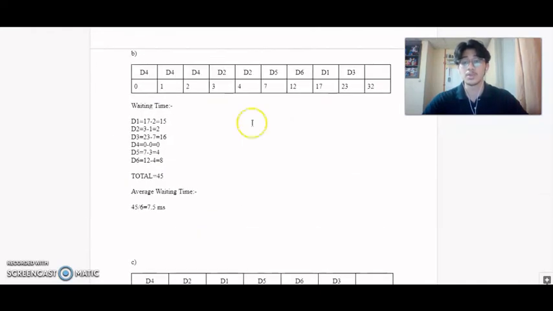So we minus that and we will get the numbers. So we repeat the calculation for each process, and then after we get the numbers, we total it, and we divide it by 6 to get the average waiting time. So for question 2b, the average waiting time is 7.5 milliseconds.